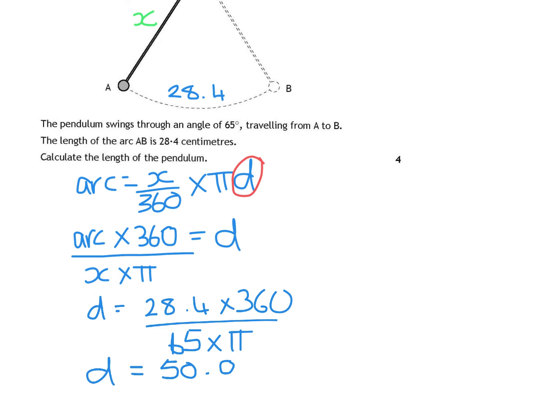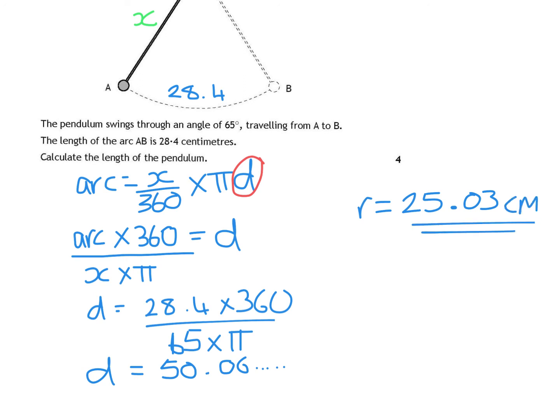I've used my exact answer on the calculator, and it gives me 25.03. It really doesn't matter. If I want to be exact though, I would go back and show I am using my unrounded answer, so my radius would then be 25.03. They're really not going to penalise you with the rounding there on that one.